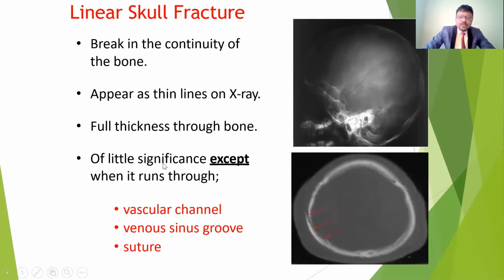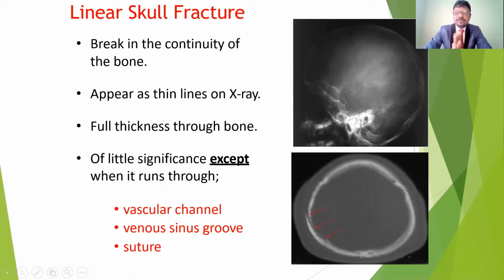It is a full thickness fracture through the bone, and we can find the thickness on the X-ray. It has little significance except when it runs through certain structures. Sometimes it is difficult to find linear fractures, but if there are no severe symptoms, the management is just wait and see.